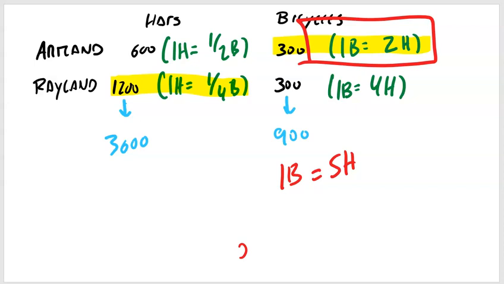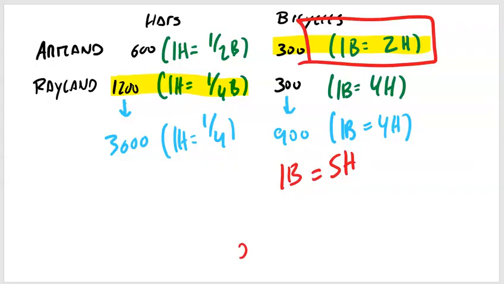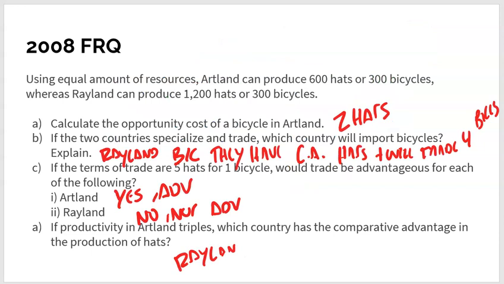Well, yes, their production tripled, but the per unit opportunity costs are still going to remain the same. 900 over 3600 is still 1/4. And then 3600 over 900 is still 4. So here, the comparative advantage doesn't really change because the per unit opportunity cost did not change once productivity tripled.